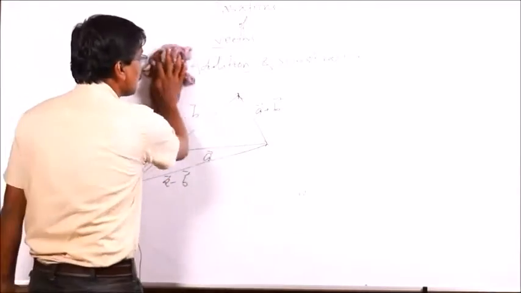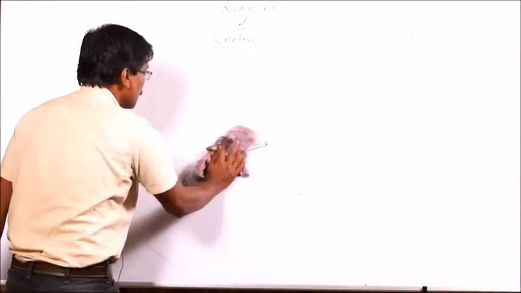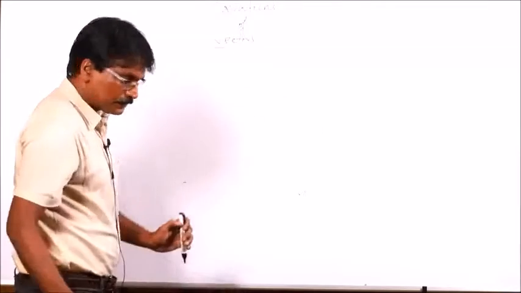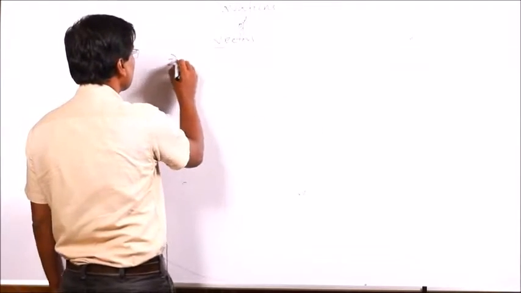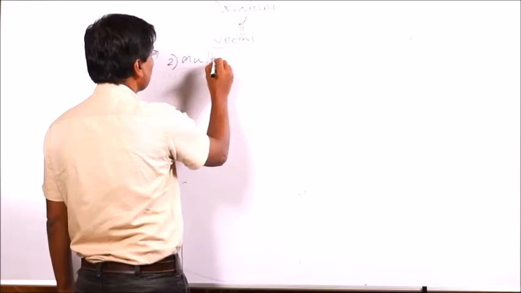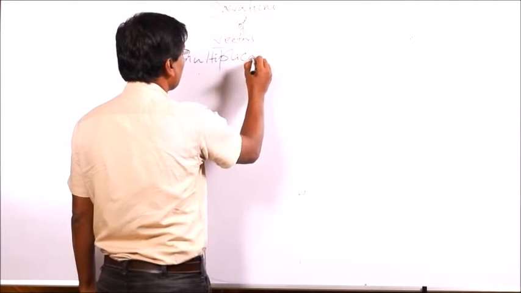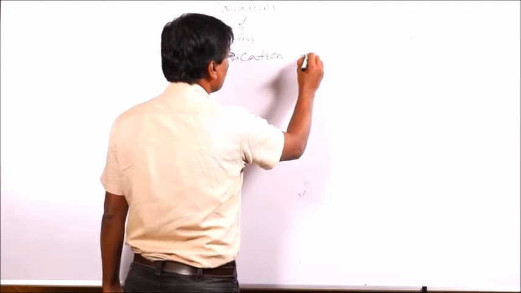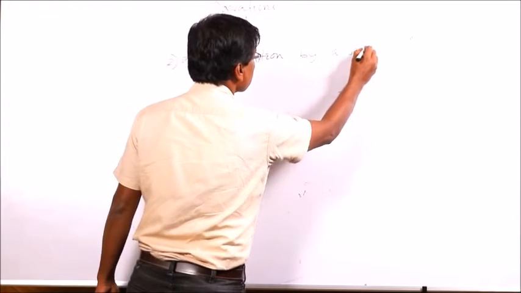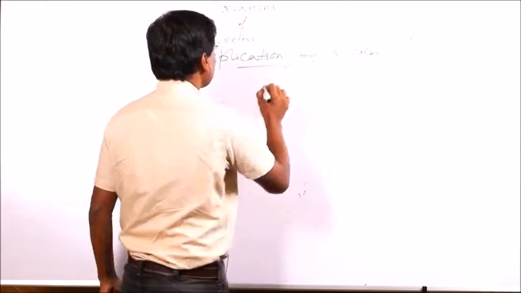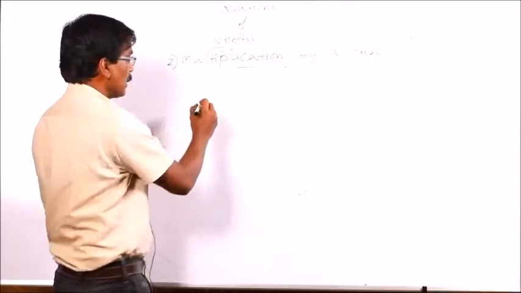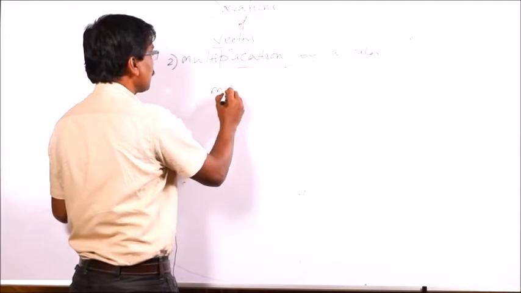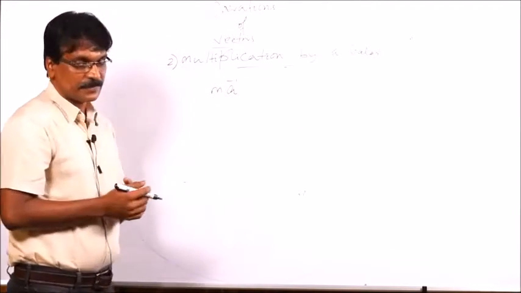Next we have the second operation, multiplication by a scalar. Suppose we have the A vector, and we can multiply it by a scalar, that will be m times A vector.